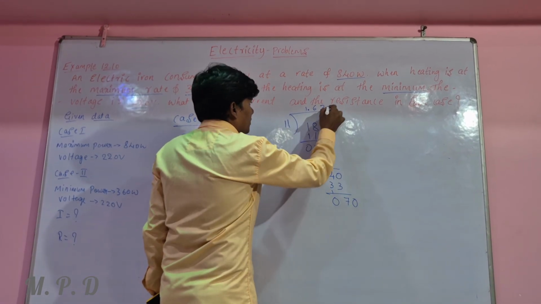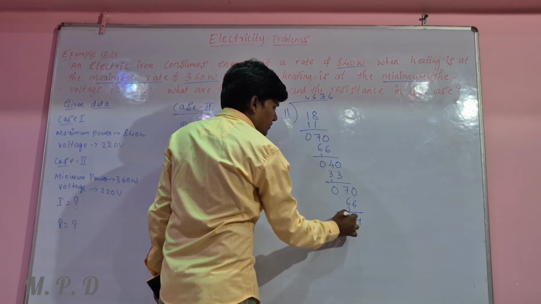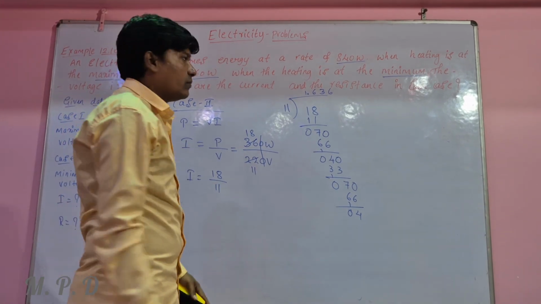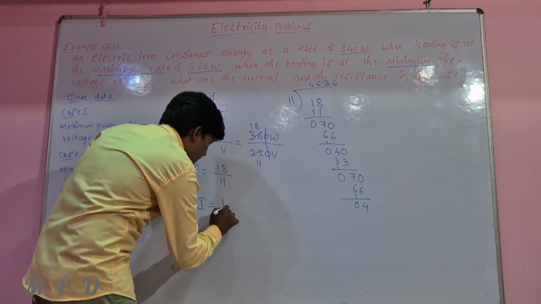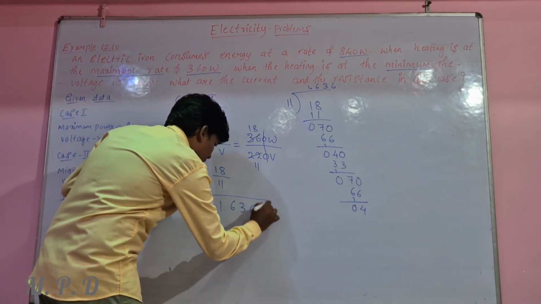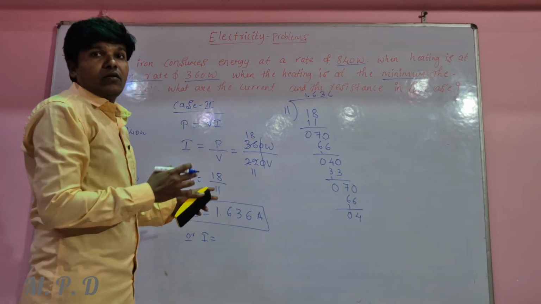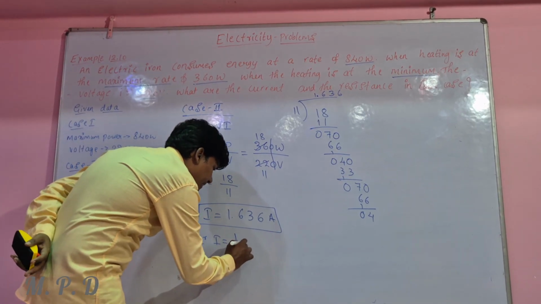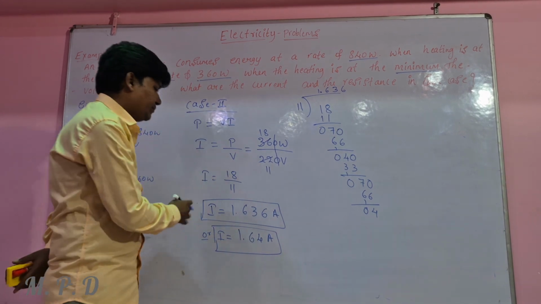Again we have to add 0 here. 11 6s are 66, 4, 0. So it will go on in the number. And we have the number I is equal to 1.636 ampere, or directly we take the next number, that is I is equal to 1.64 ampere.